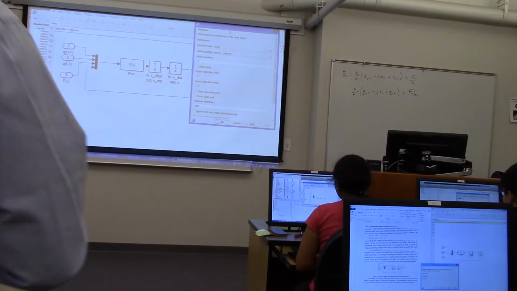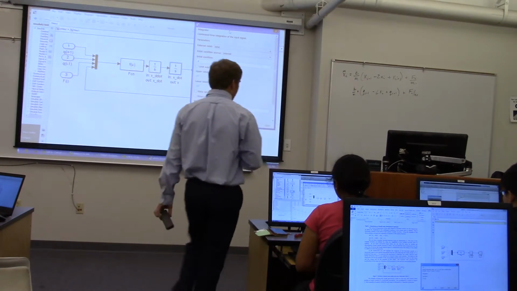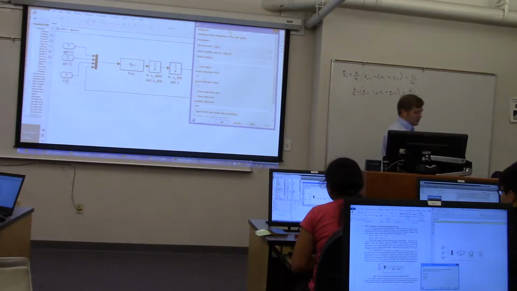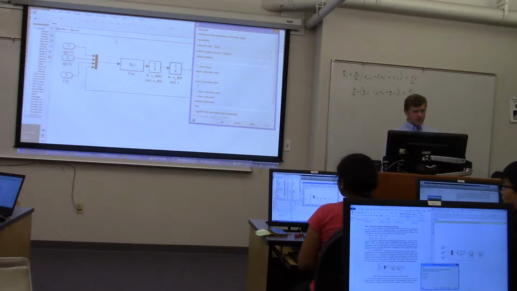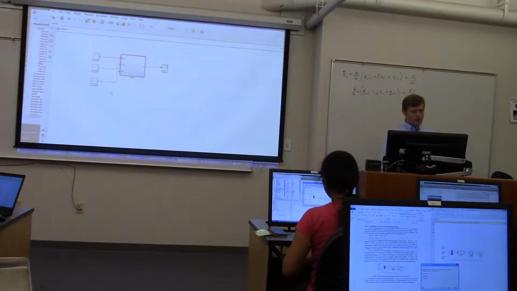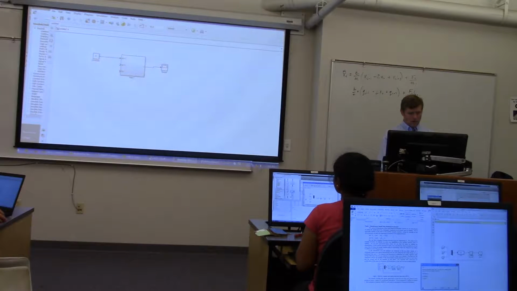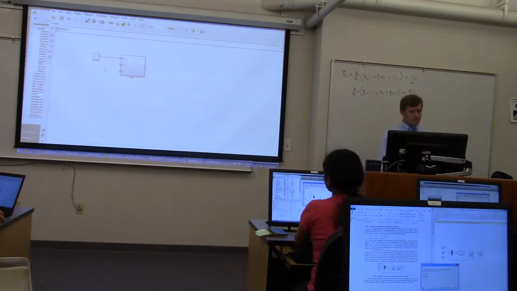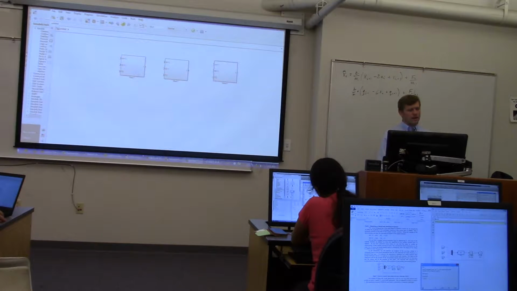So now the fun part is if I wanted to model a system here that had lots of masses, it gets to be really easy. All I have to do is make, let me just give myself a little break here. So in this case, I'm going to model 3 masses.